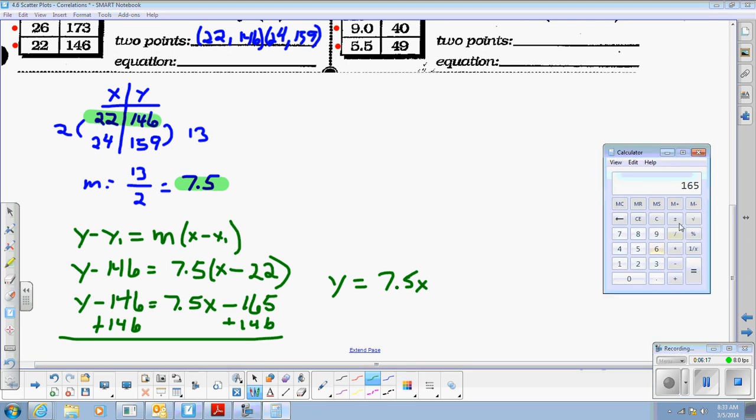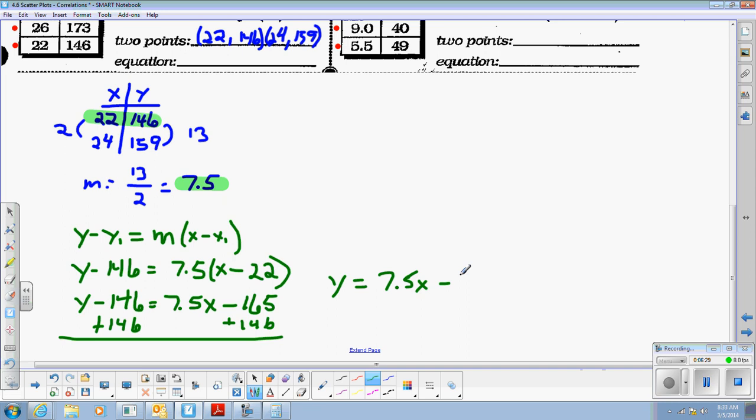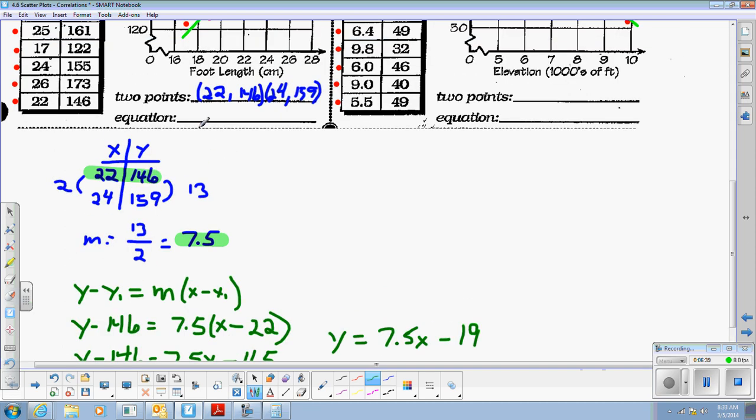So let's clear my calculator. And I have negative 165 plus 146. A negative 19, so minus 19. And now if I wanted to use what I have as my equation in slope-intercept form, y equals 7.5x minus 19, I will then transfer that back to the worksheet.